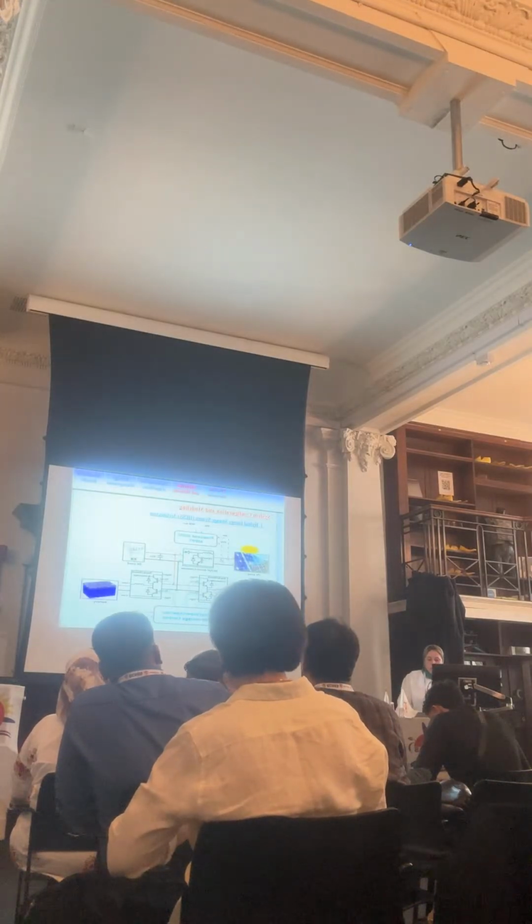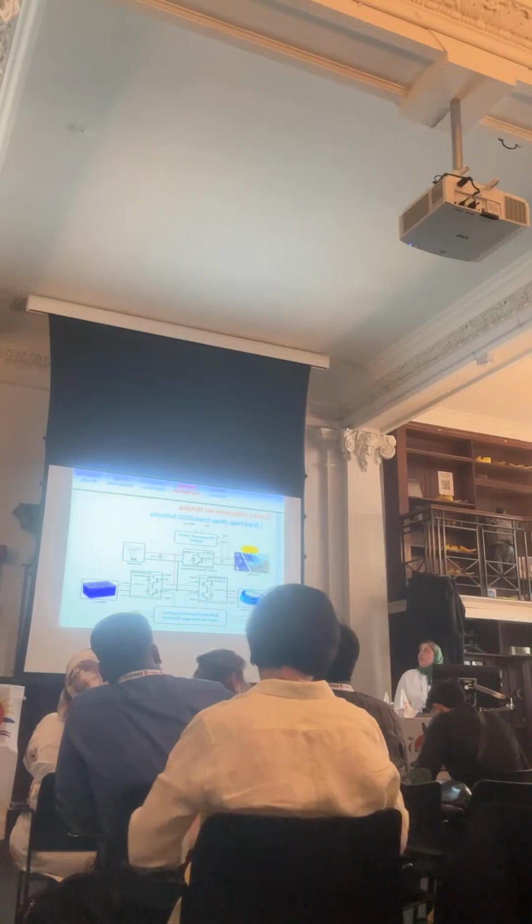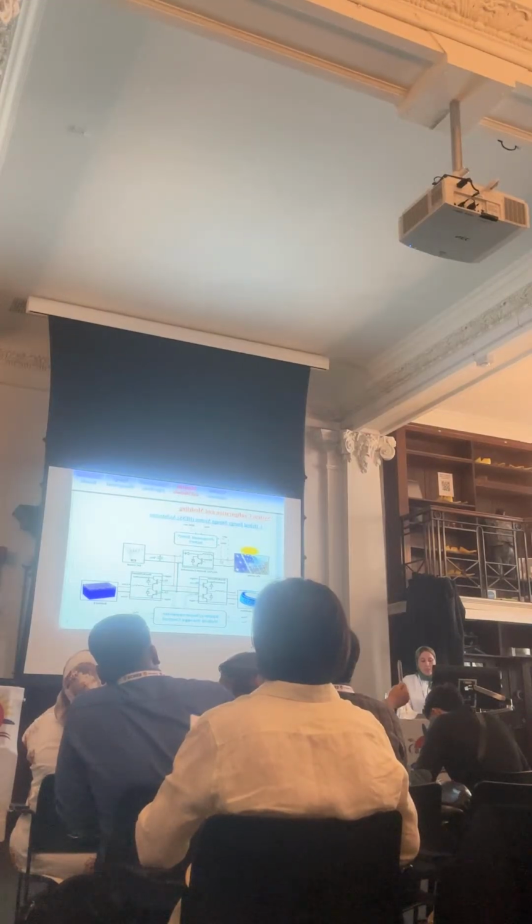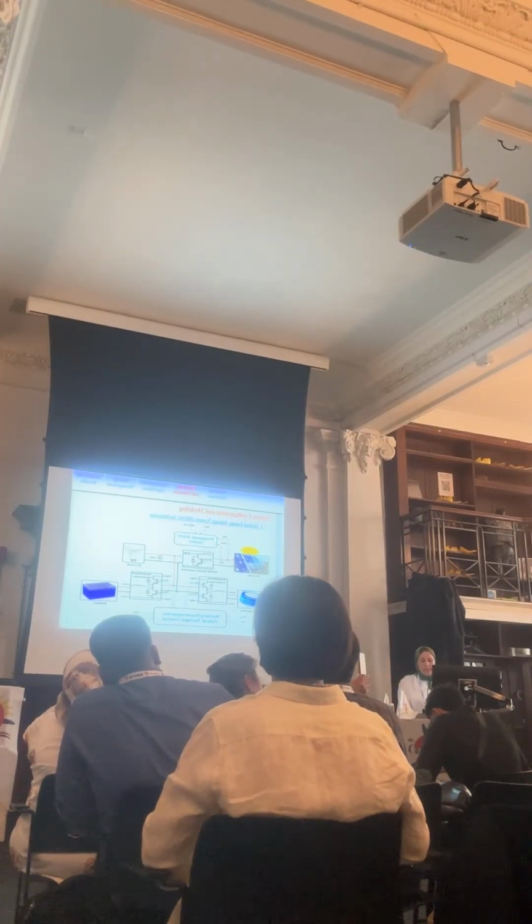Let's move to system configuration and modeling. This slide illustrates the proposed PV array system.